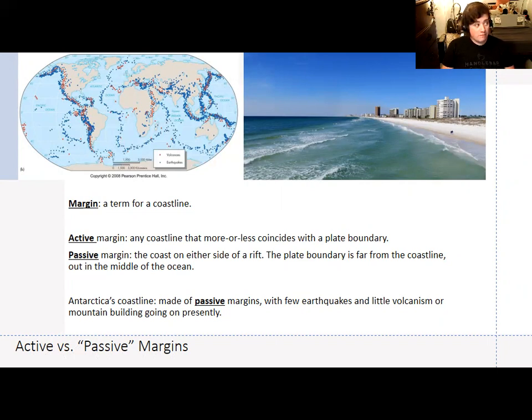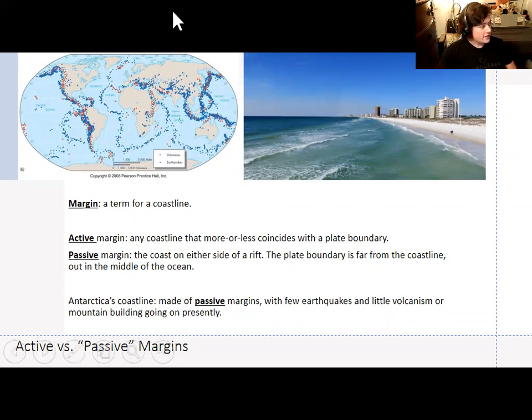We have active margins where the coastline actually coincides with a plate boundary, and we have passive margins where the coastline is simply the continent that was formerly joined to another continent and that has since been pushed far, far, far from that other continent by seafloor spreading and the flooding of a new ocean.